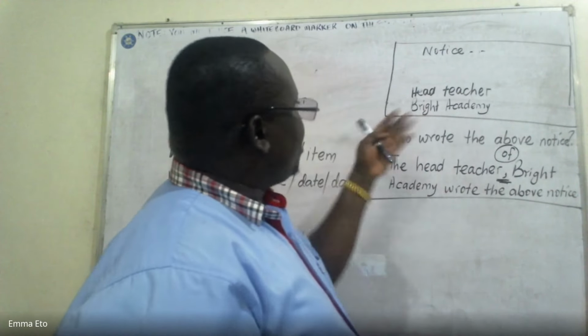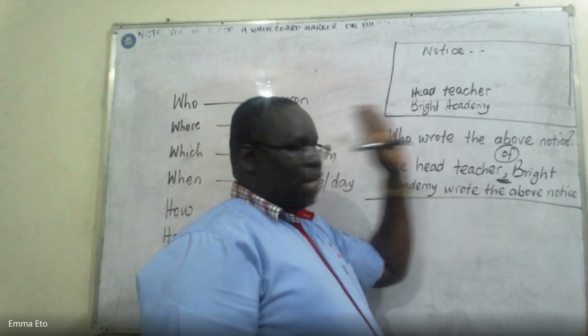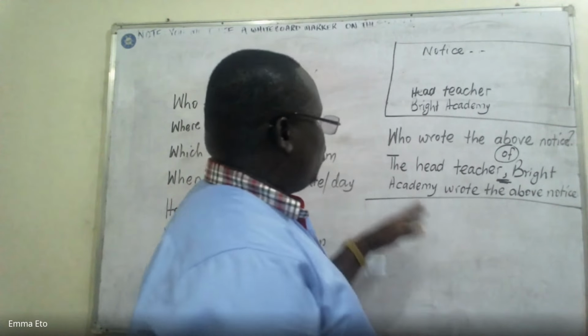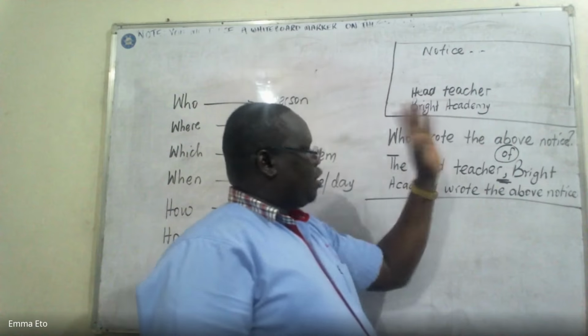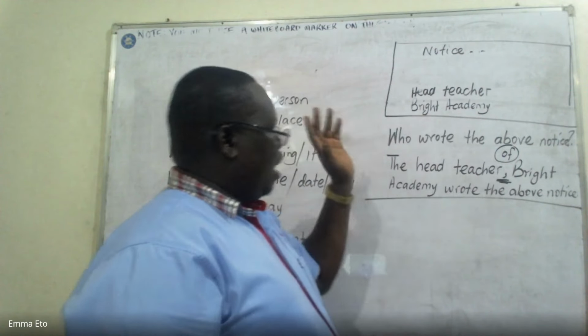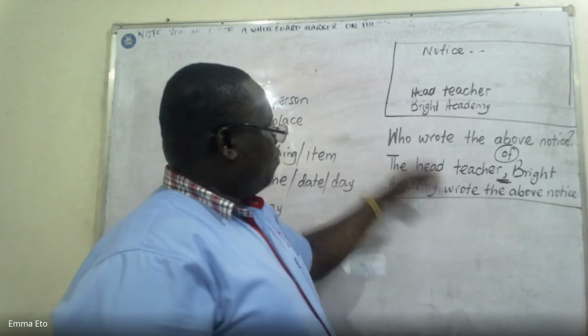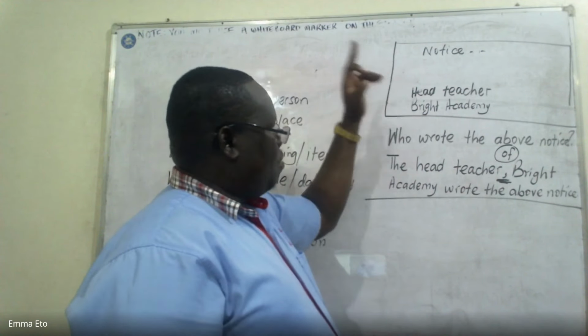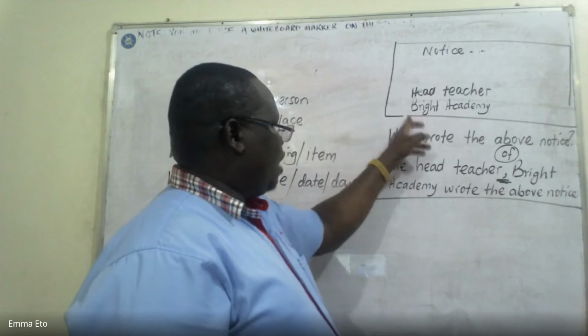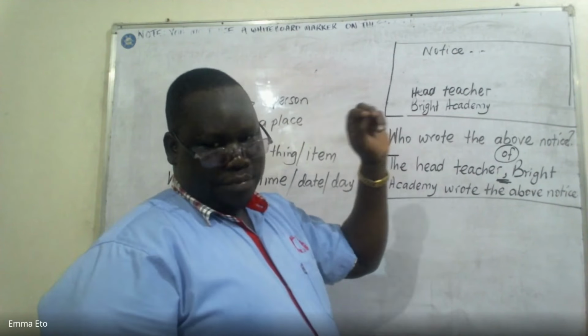Because you will not be the head teacher everywhere he goes. So don't just say, the head teacher wrote the above notice. If there is a title, you use the title plus the place where that title is respected.